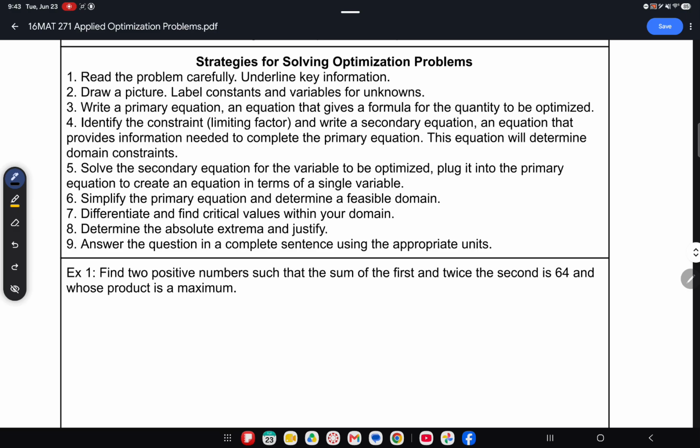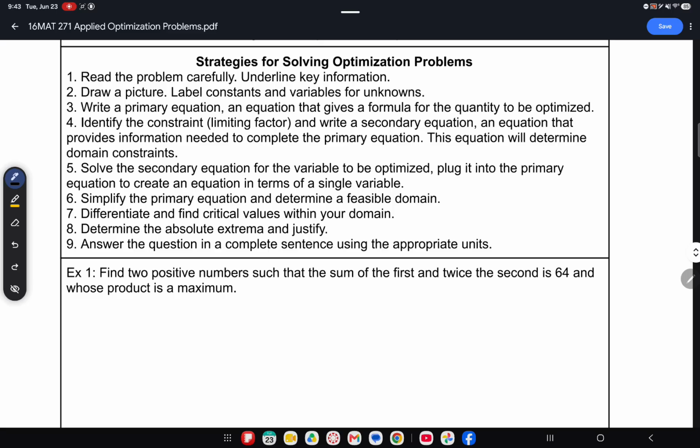Sometimes it might be obvious, sometimes it might not be obvious. But we want a formula for the quantity that's going to be optimized. So if we want to have the maximum volume of this box, then we're going to need the formula for the volume of a box, right? And then we're going to have to identify any constraints or limiting factors.